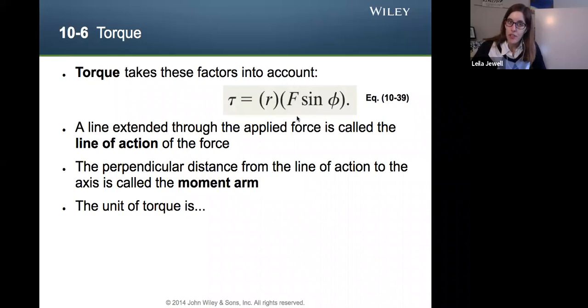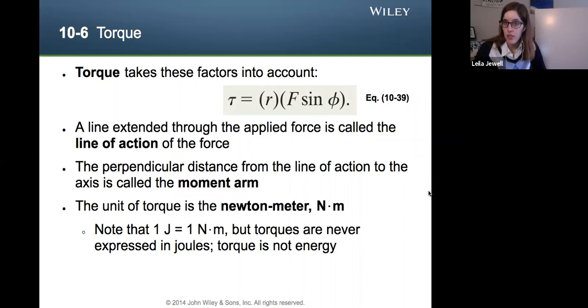Units of force are newtons, and the units of radius, or of a distance, are meters. So the unit of torque then is just going to be the newtons times the meter, or the Newton meter. Now, an important note here is that newtons times meters is in fact equivalent to that of my favorite unit, the joule.